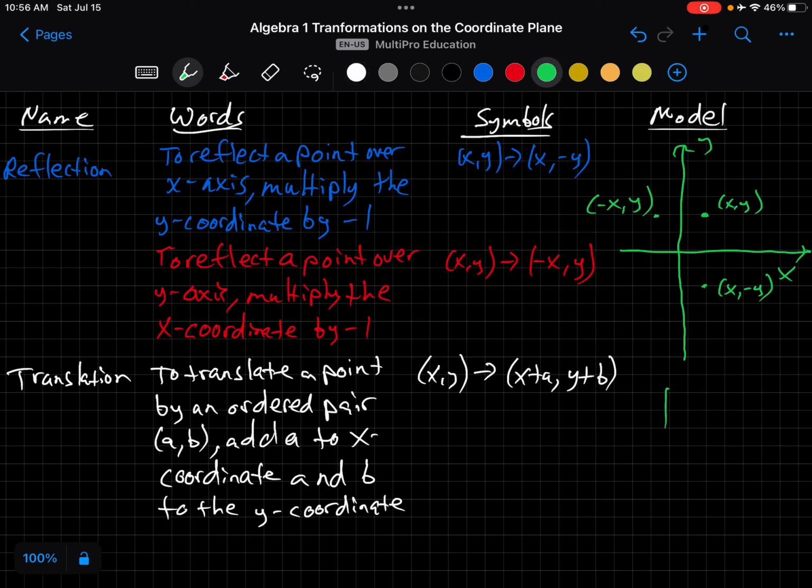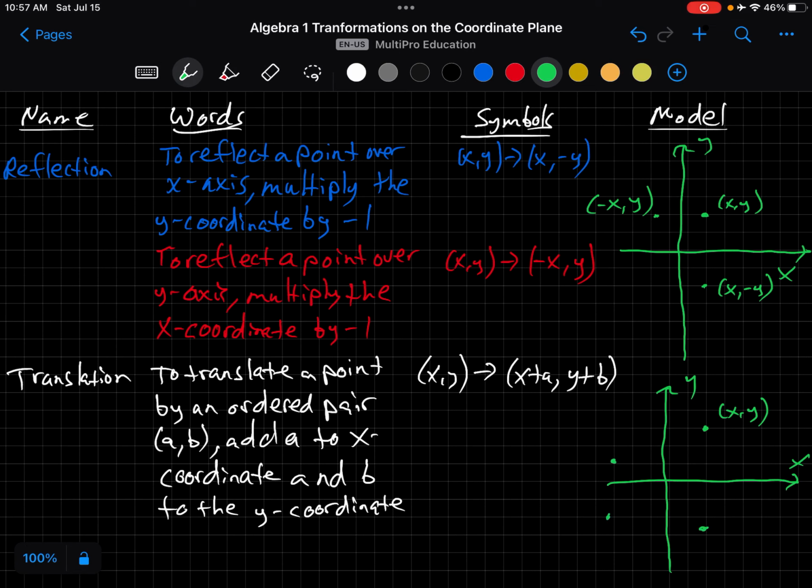So let's look and see how this looks. Okay, so let's say that we have X and Y here. Now we don't know what A and B are, so they can be anywhere. So when we add A to X and B to Y, it just changes where it's at.